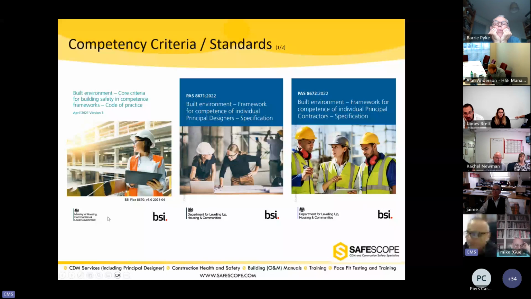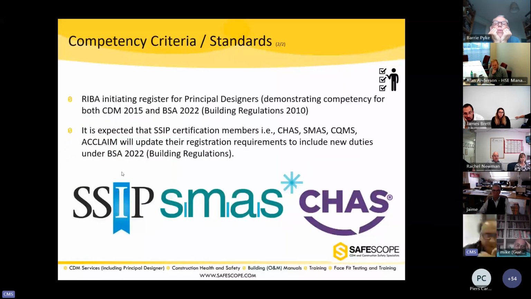If you want to see them, they are freely available out there. And there is also talk that the accreditation bodies like CHAS, SMAS and all the SSIP schemes will be changing their requirements on all designers and also on contractors to fulfill the requirements of the Building Safety Act as well. Not only CDM and health and safety, but the requirements under the Building Safety Act, which will put a spanner in the works for a lot of people, because these requirements are changing.